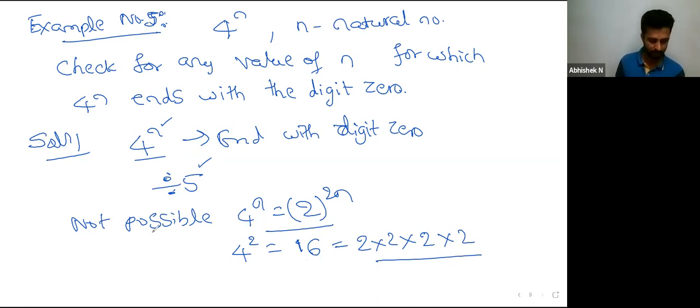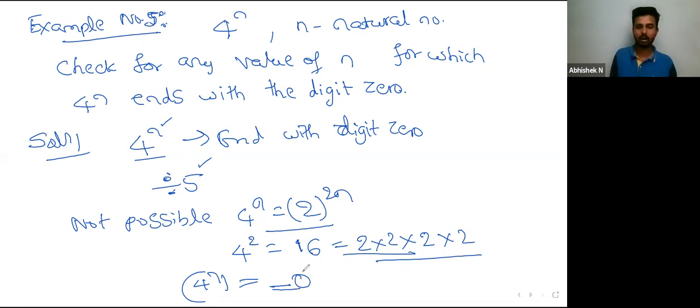So we can say that the uniqueness in the fundamental theorem of arithmetic guarantees there are no other primes in the factorization of 4^n. So the only prime factor is 2. So we cannot get a number that ends with digit 0. Okay, this is how we can prove this statement.